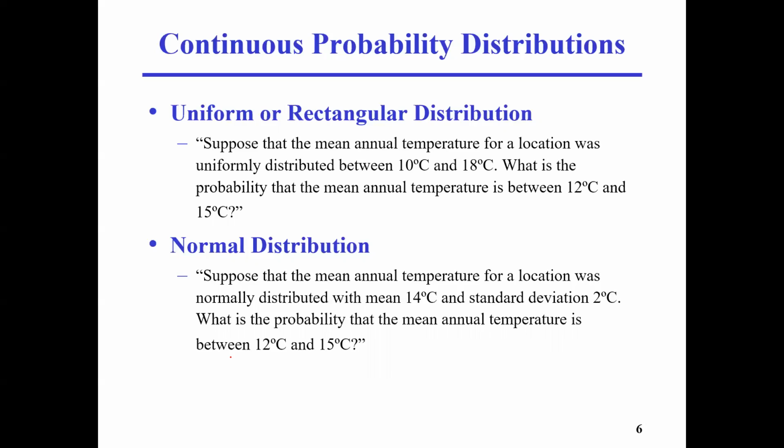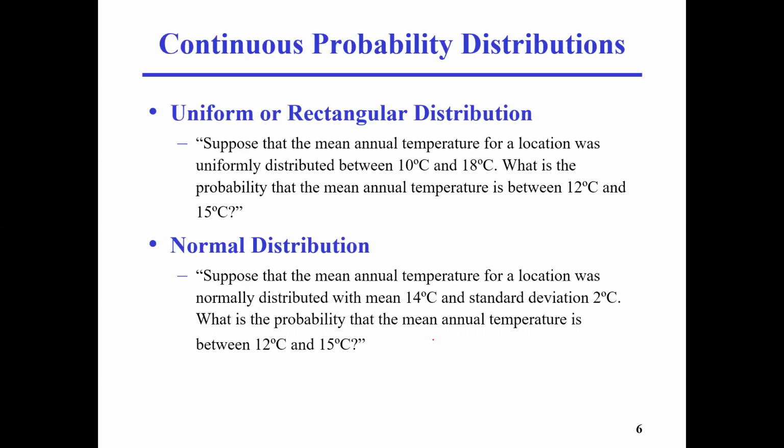Okay, for normal distribution, suppose that the mean annual temperature for a location was normally distributed with a specific mean and a standard deviation. What is the probability that the mean annual temperature is between 12 Celsius degrees and 15 Celsius degrees? Here, the probability is not evenly distributed. Actually, the PDF of normal distribution is a bell-shaped curve. Okay, I will show you that.